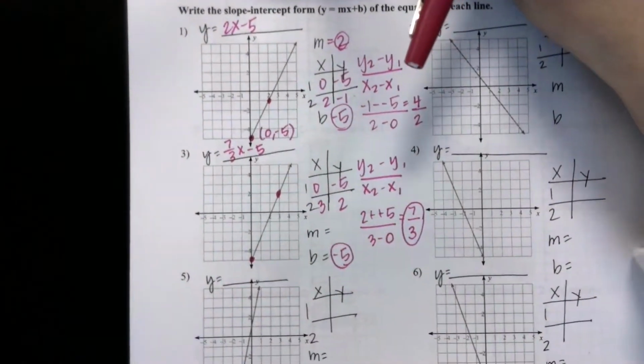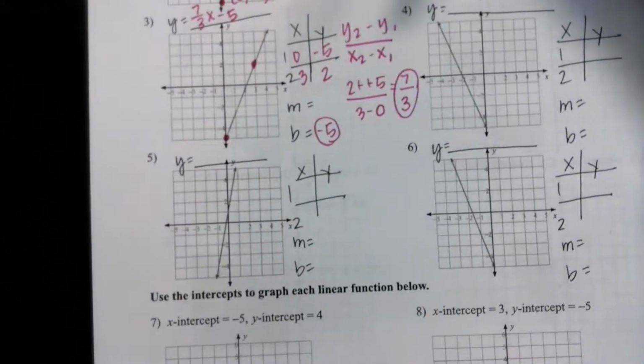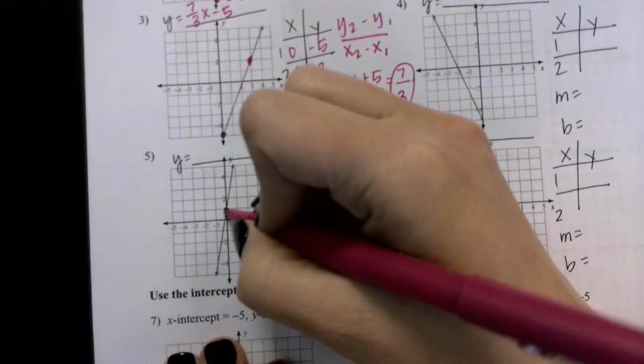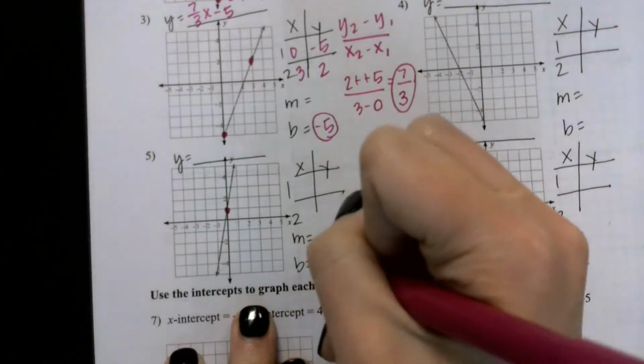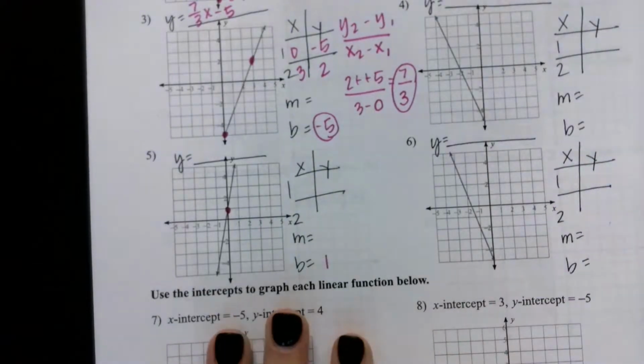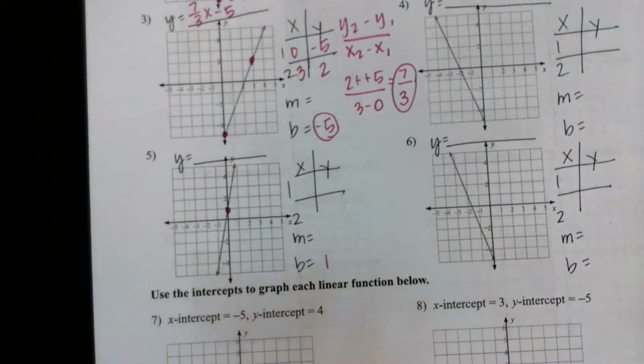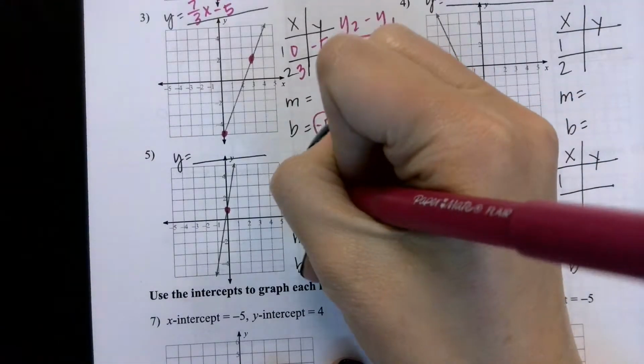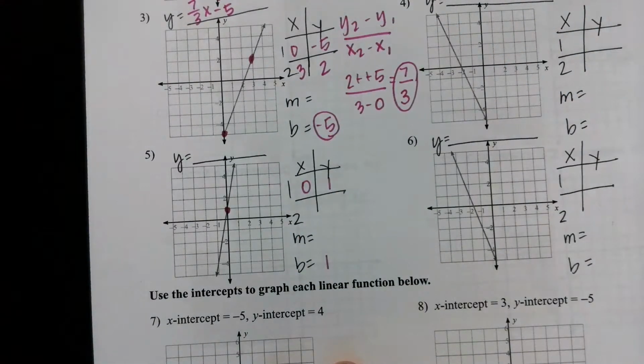One more in this section I'll do with you guys. Same exact steps. Identify your y-intercept first, and that's at 1. My b is 1. So if I'm looking at my xy table, this is going to be 0, 1. What's another good point to pick?